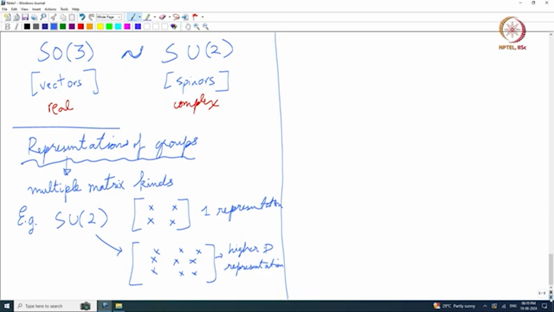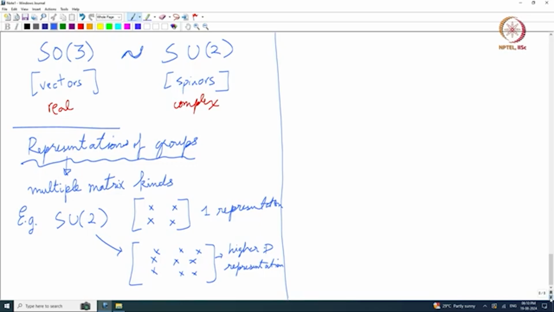Okay, so I will just leave you with that, and in the next class we will explore exactly this notion, and we will see what we mean by a fundamental representation, trivial representation, reducible, irreducible and so on. Okay, these are very important concepts that we will need as we go on to construct and deconstruct the standard model.